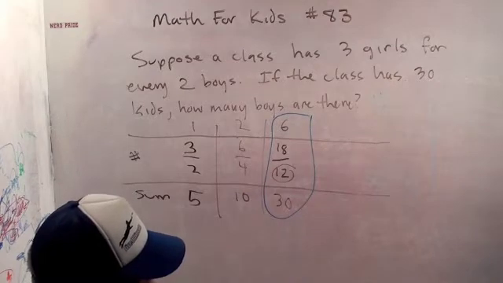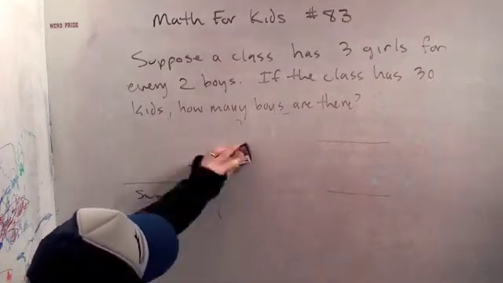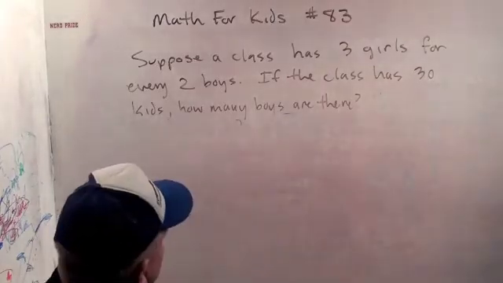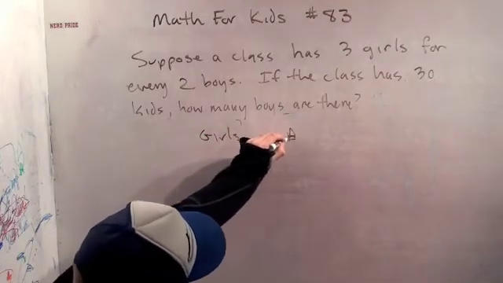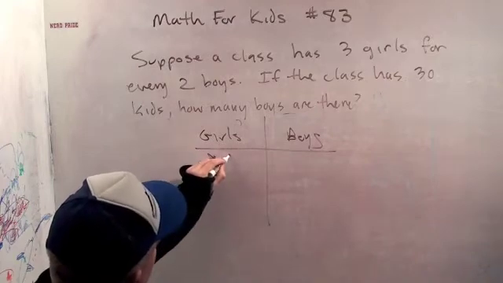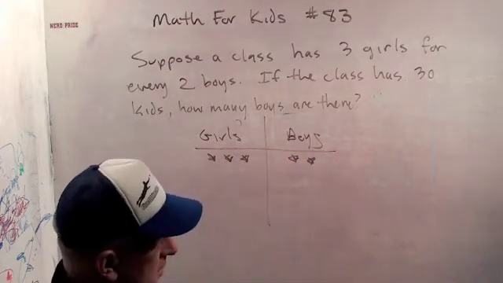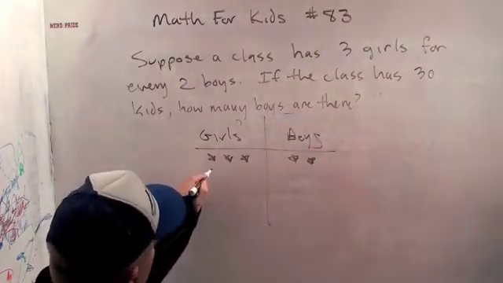Okay, that's very good. Now another way you could have looked at this problem, a real simple way, is you could have said, here's my girls, here's my boys. You can just draw a picture, right? And you can say, well, I got 3 and 2. But that doesn't work because it says there's 30 kids in the class.